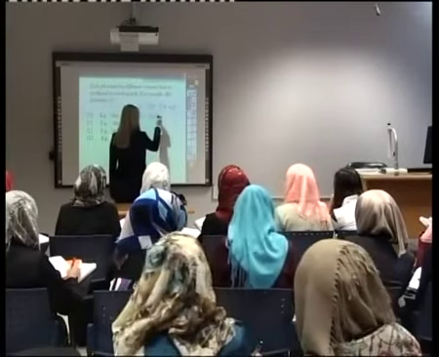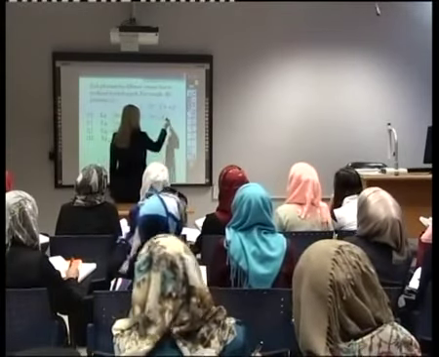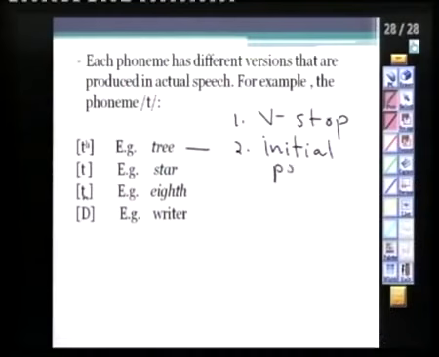Okay, I'm writing keywords. I need you to write these words by yourself. Initial position. Number 3, it cannot be preceded by the sound /s/. It means you cannot have the sound /s/ before the voiceless stop.